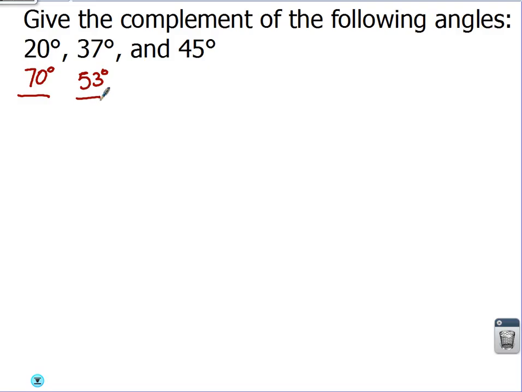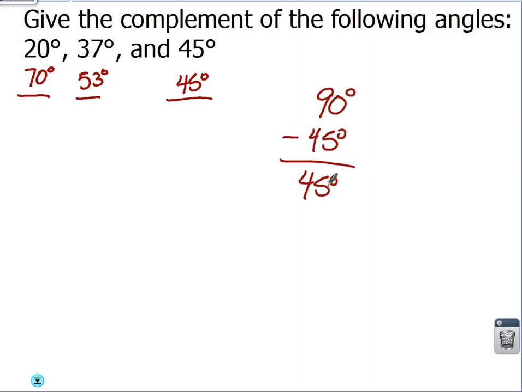And Zoe, what's the complement of 45? Has to add up to 90, right? Help her out, Cole. 45. To find complements, all we do is take our 90-degree angle, subtract out what we got, and see what we're left with. So the complement of a 45 would be another 45.